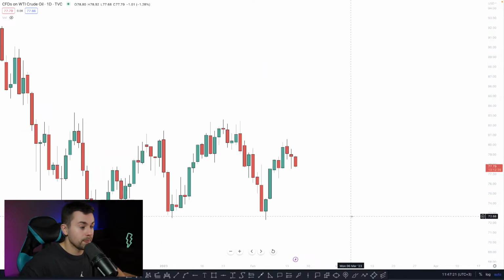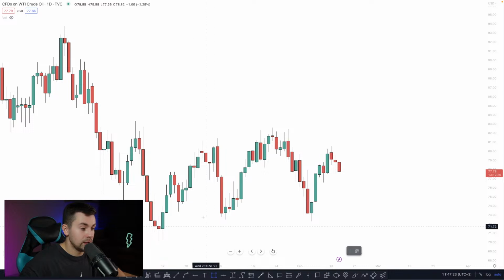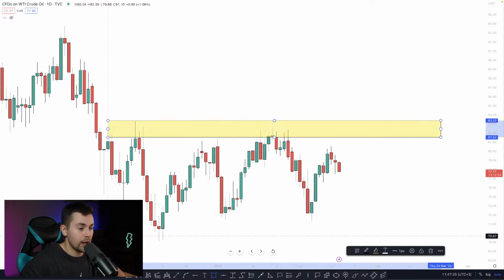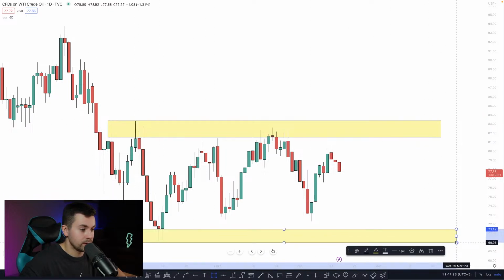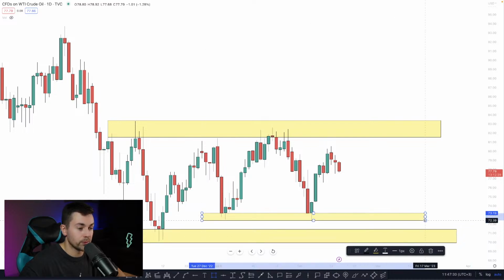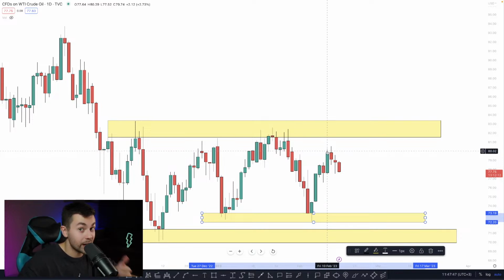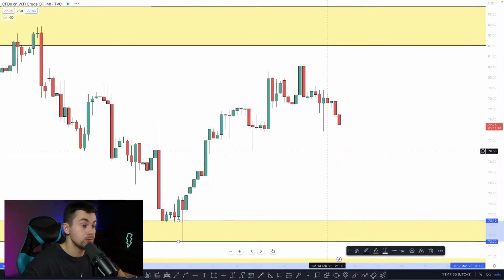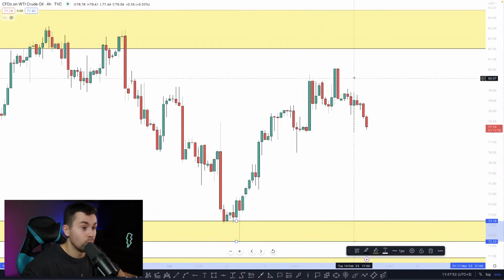Here on oil, analyzing on a daily, we can spot that currently we have a range, and we also have a very strong support right here. From that support, the price bounced, and as I predicted on the previous live stream, the price started to grow sharply, reaching that resistance around the 80 level, which is a very round number, right? And approaching that, I spotted that the market became quite overbought.